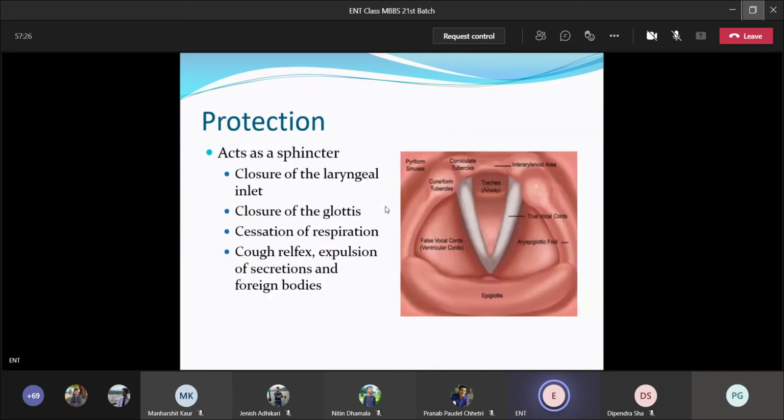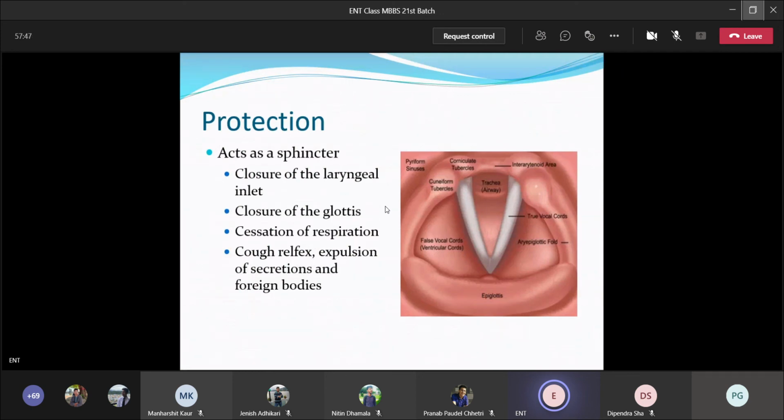Now protection: it acts as a sphincter, with closure of the laryngeal inlet, closure of the glottis, cessation of respiration, cough reflex, and expulsion of secretions and foreign bodies.